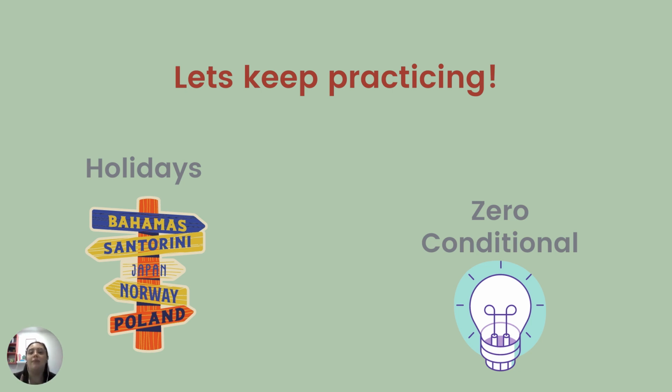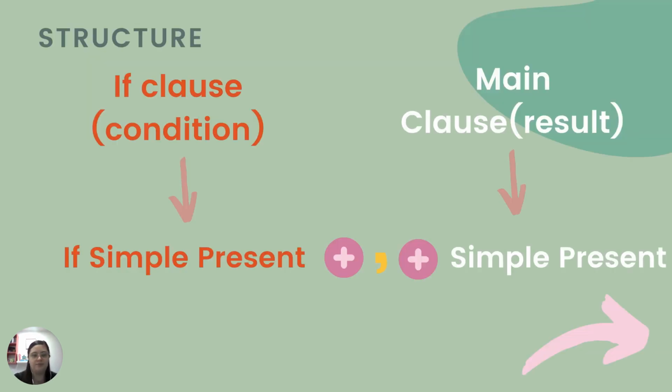So now let's focus on the zero conditional. Firstly, keep in mind that for the zero conditional, we have a small structure. It just has two parts. The first one is found in color orange, that is the if clause, our condition, and then we have the main clause, that is the result, and it is found in color white.